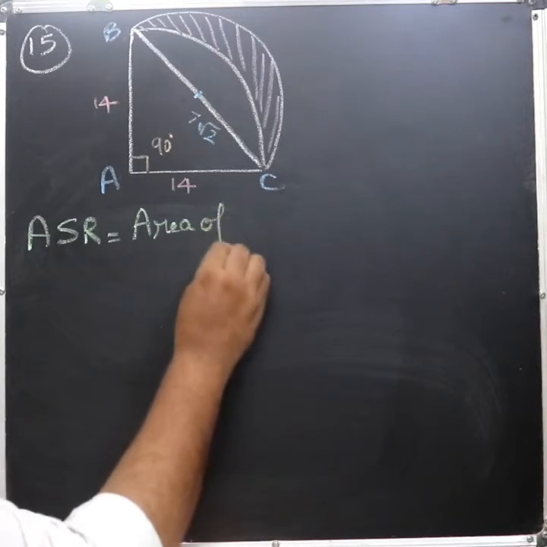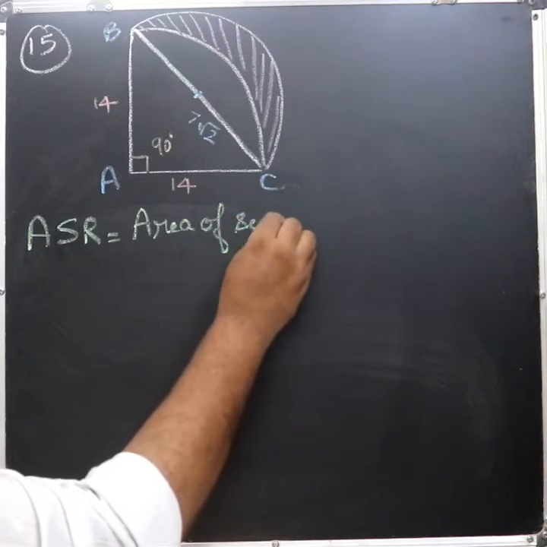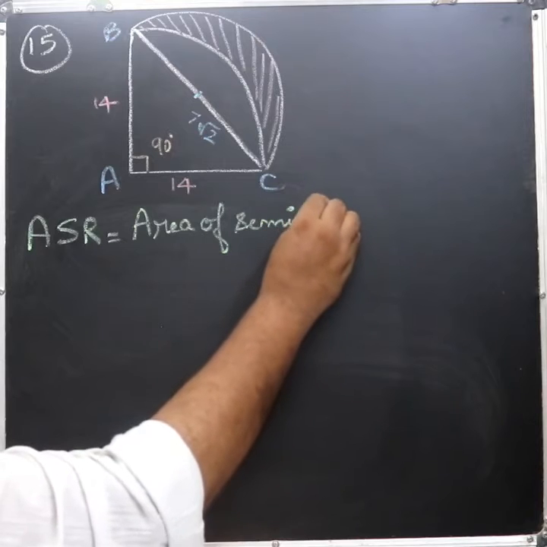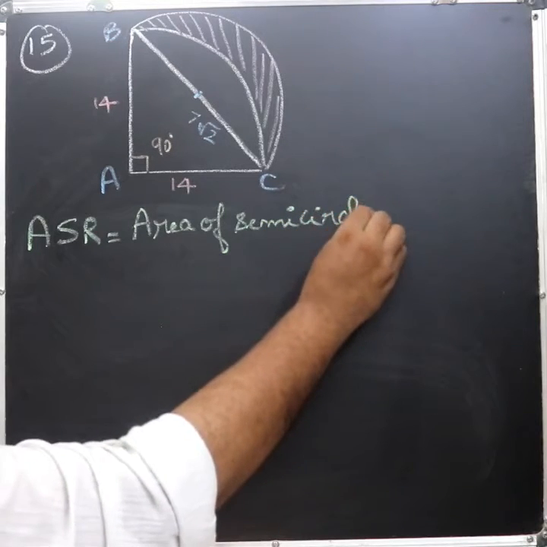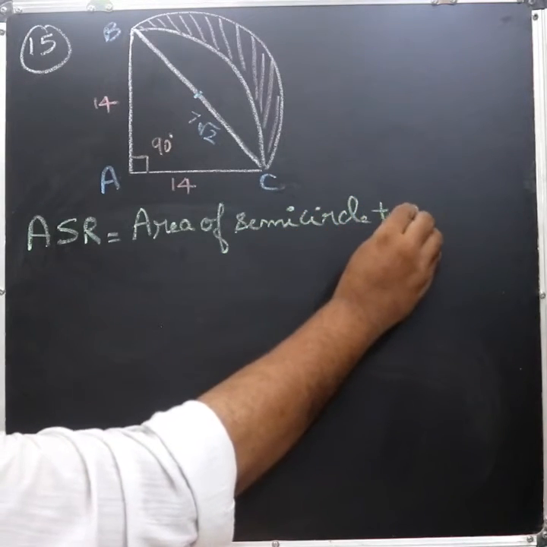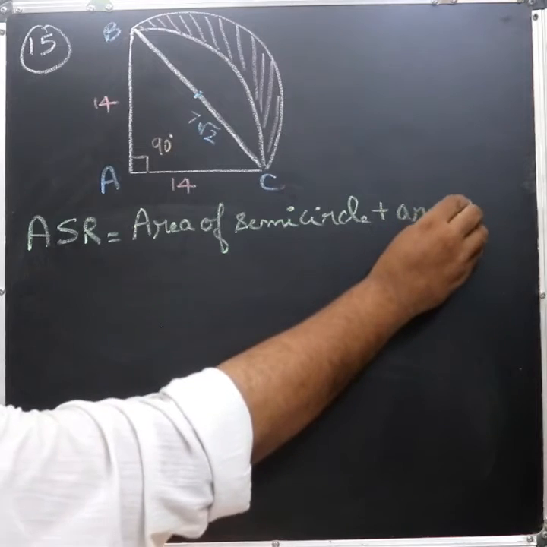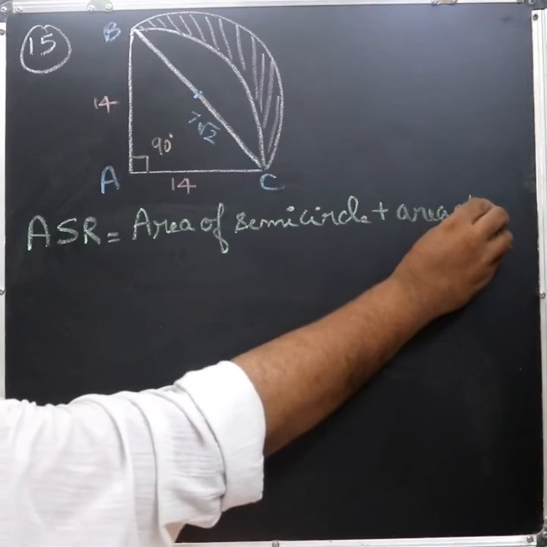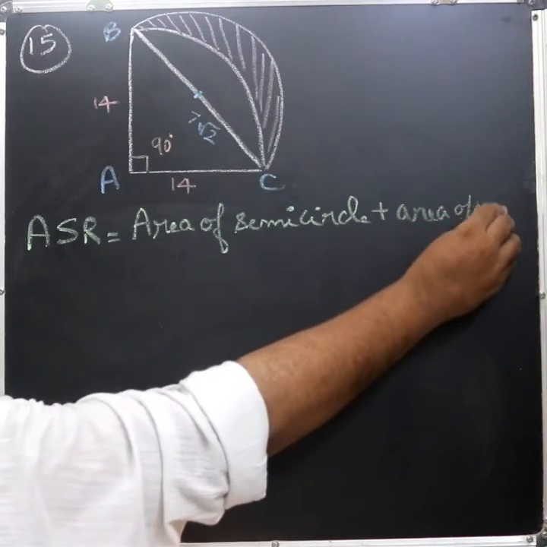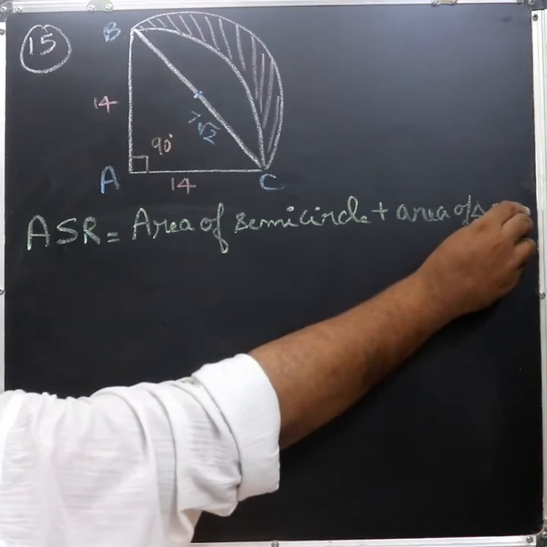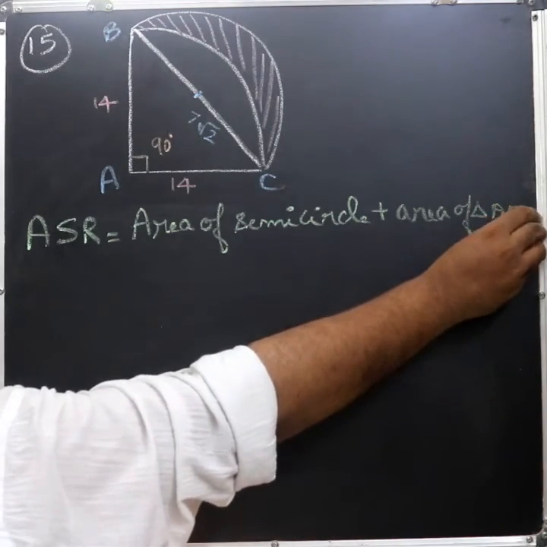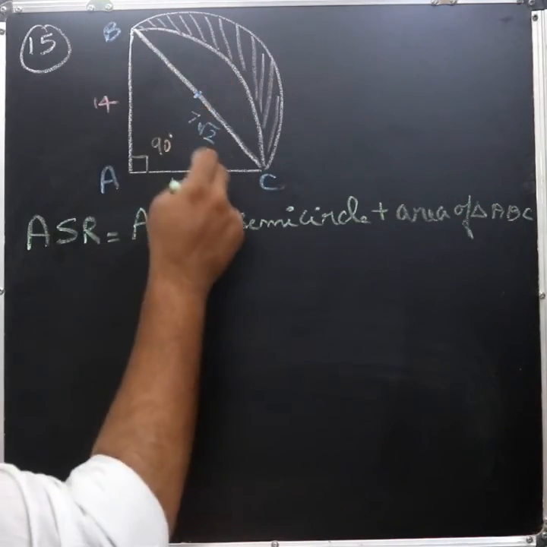Area of semicircle plus area of triangle. Area of triangle is ABC. When I add these two, I am going to get the entire region.